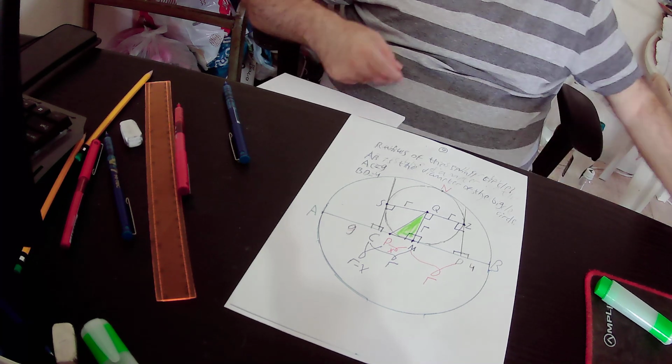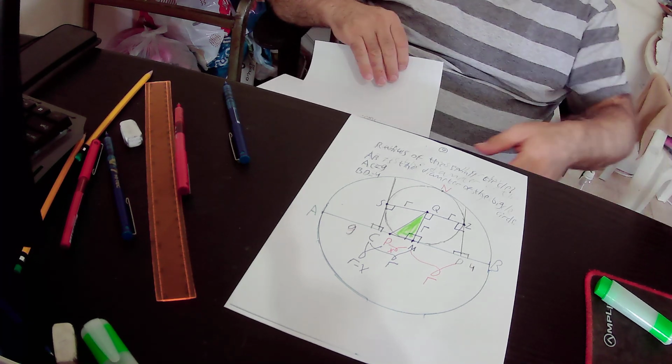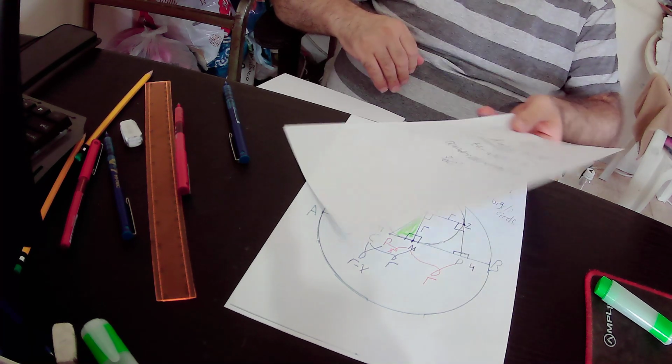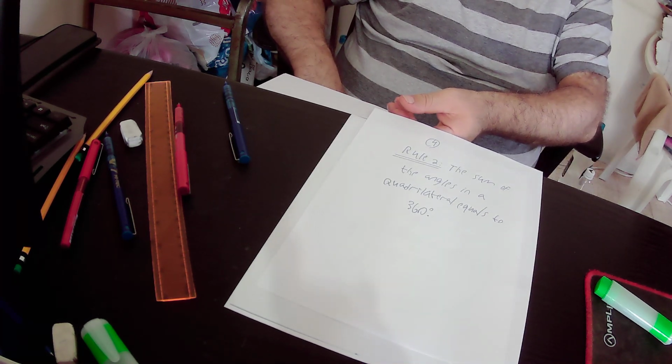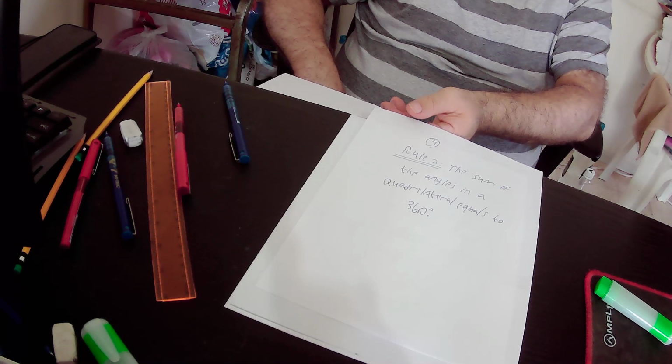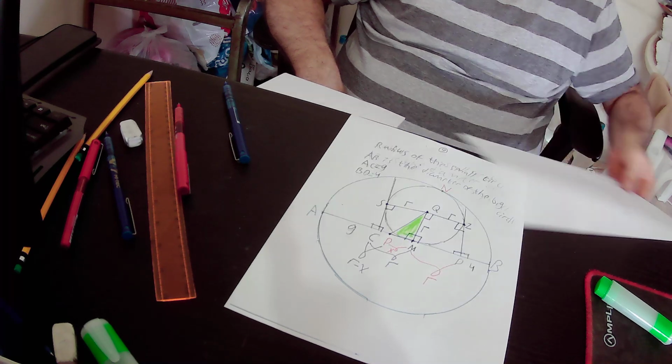And we have rule number 2 that states that the sum of the angles in a quadrilateral equals 360 degrees.